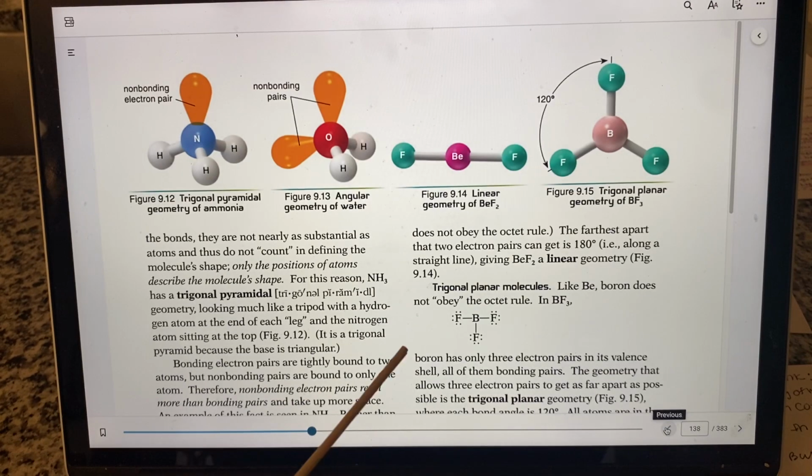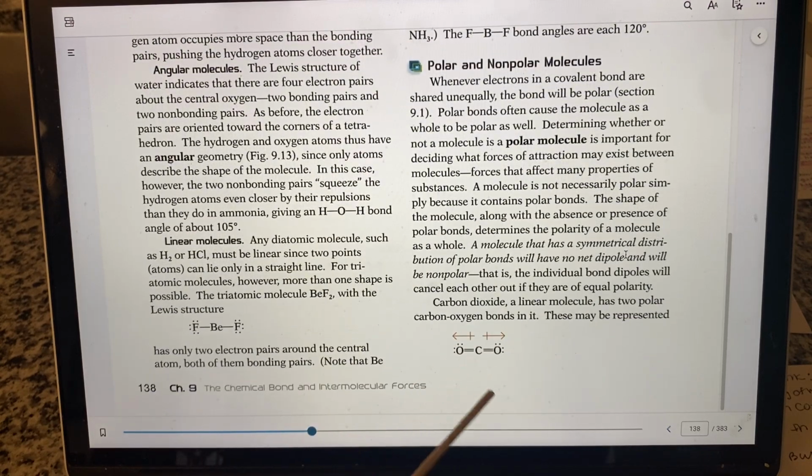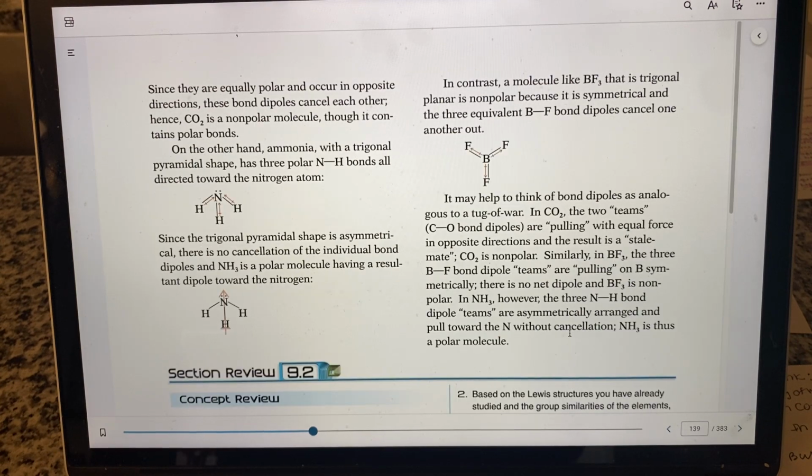In CO2, they're pulling in opposite directions, and they're canceling each other out, but they're still pulling, right? And so when you have 2 that are stalemating, they're going to be nonpolar because they're going to have no net pull because they're equal.